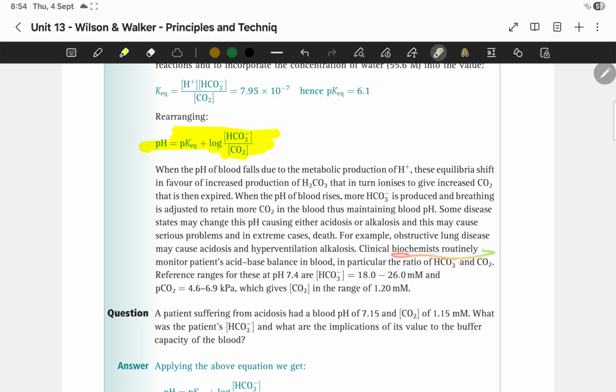Clinical biochemists routinely monitor patients' acid-base balance in blood, in particular the ratio of HCO3 minus and CO2. Reference ranges for these: pH 7.4, HCO3 minus is equal to this.